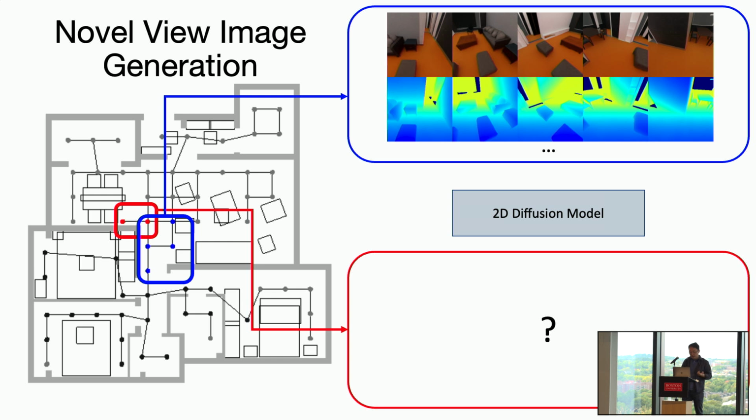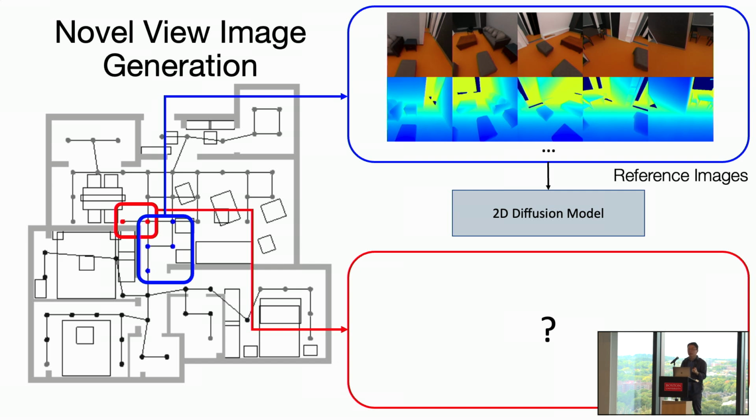So technically in our setting, this 2D diffusion model takes some reference images, those images from the blue locations, because those are neighboring locations in the scene. When we generate images in the red locations, they may cover the same portion of the scene, so the output images should be coherent with these reference images.